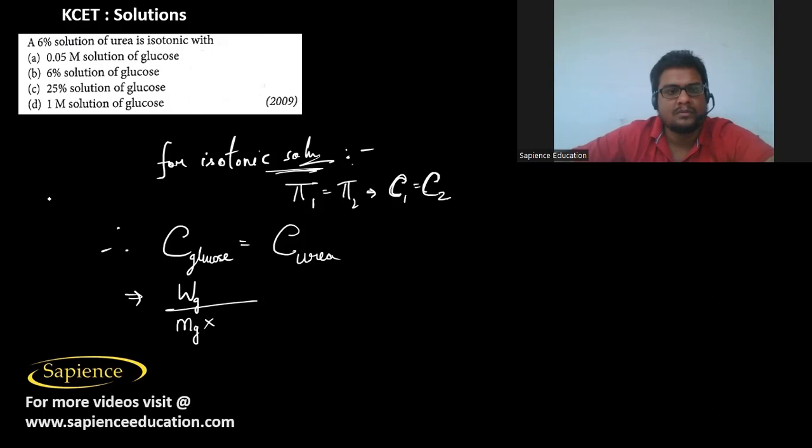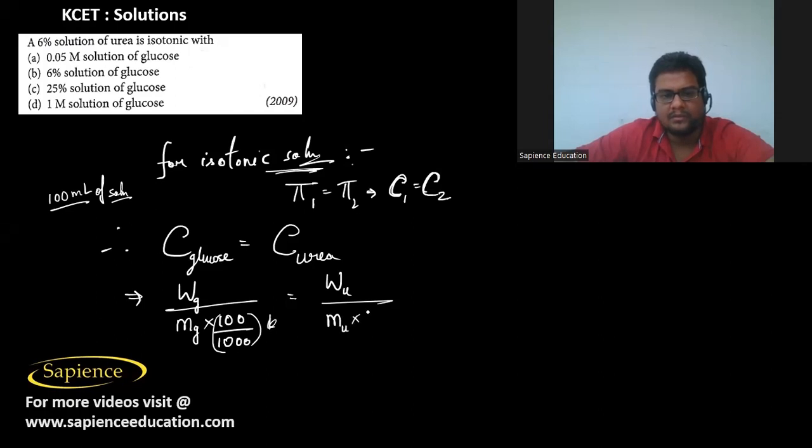Let's say 100 ml of both the glucose solution and the urea solution is being used. So 100 ml means 100 by 1000 liters has been used. So the molar concentration of glucose should be equal to the molar concentration of urea, that is, weight of urea by molar mass of urea, again into 100 by 1000.